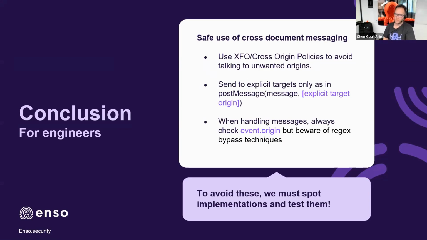If you're working with multiple, really consider what your approach is here. Always send explicitly. Never send with an asterisk. Always use the explicit target to send a message. And when you're receiving a message, always check the event origin, but make sure that you are not exposed to regex bypass techniques, because this can also easily happen if you're checking the origin with a regex.